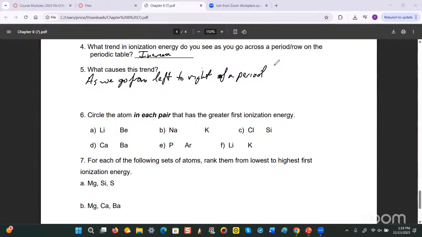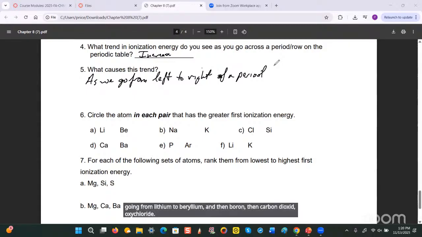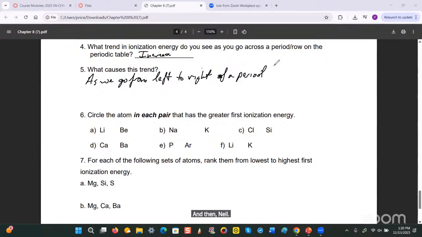What are the changes taking place in the atom going from lithium to beryllium, then boron, carbon, nitrogen, oxygen, fluorine, and then neon? Anybody out there on Zoom can answer that question?